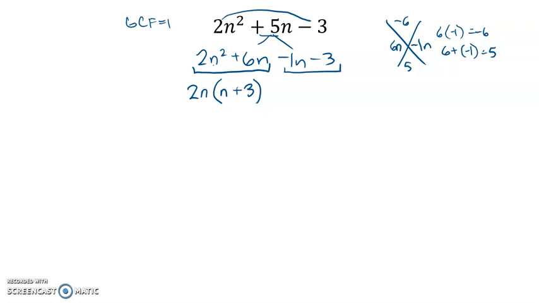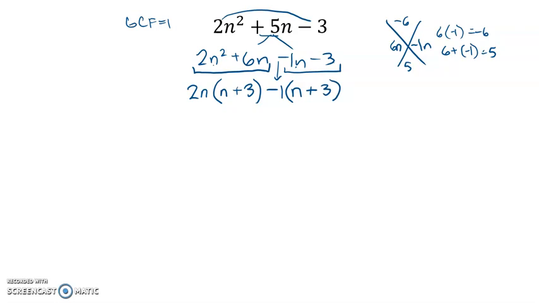We're going to actually use the sign that's in the middle here, so we're going to keep that negative. And then I'm going to say, okay, 1 and 3, the biggest common factor is 1. And then I see, how do I multiply back to that? So negative 1 times n gets me to negative n. Negative 1 times positive 3 gets me back to negative 3, right? Negative 3 divided by negative 1 is positive 3.